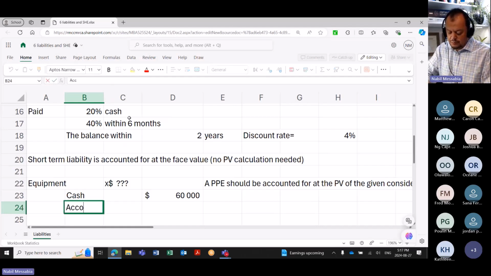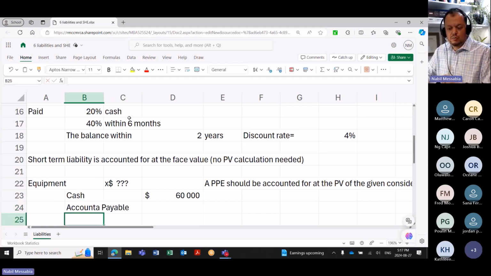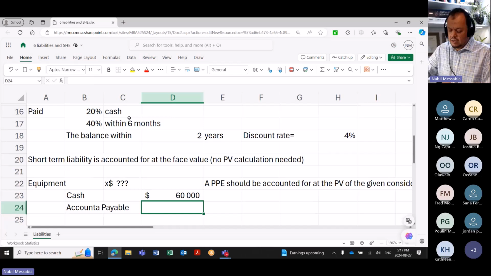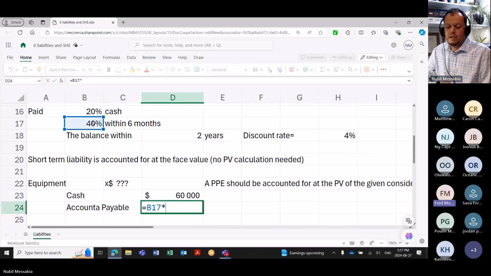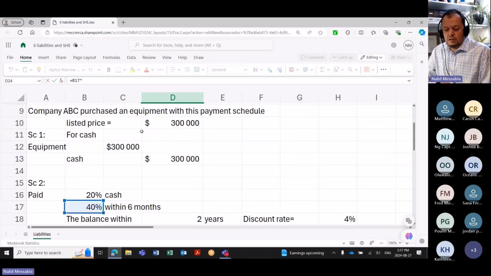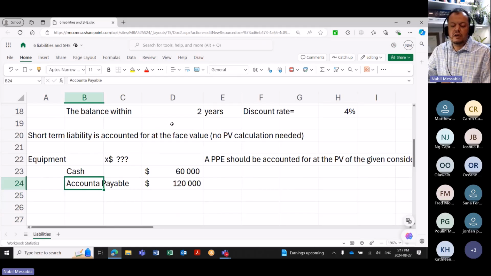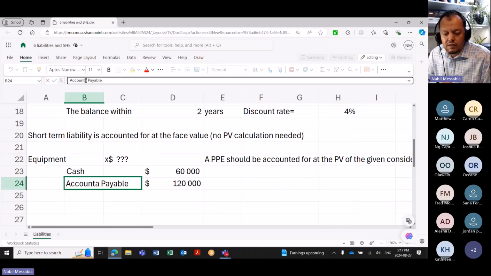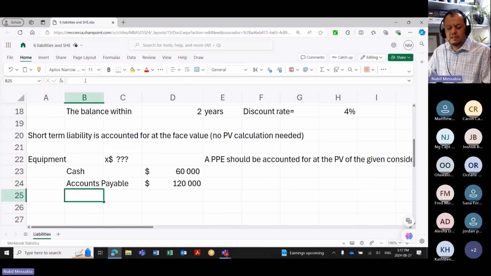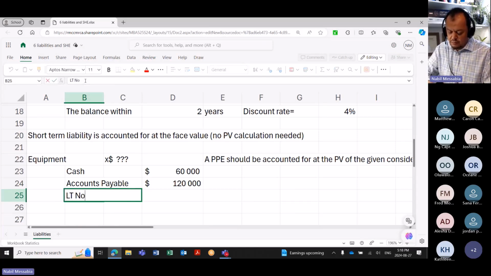Accounts payable, that is the short-term portion of the loan, and that is 40% multiplied by $300,000, the listed price. And then we have to credit long-term note payable.